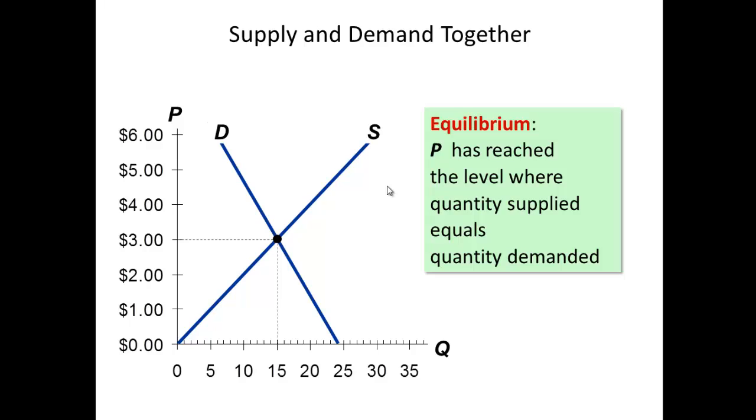When we look at the interaction between buyers, demand, and sellers, supply, at some point during that interaction, there's going to be an agreement on a set price and an equilibrium. That agreement is what we call equilibrium, where the buyer and the seller agree on a set price and on a set quantity.